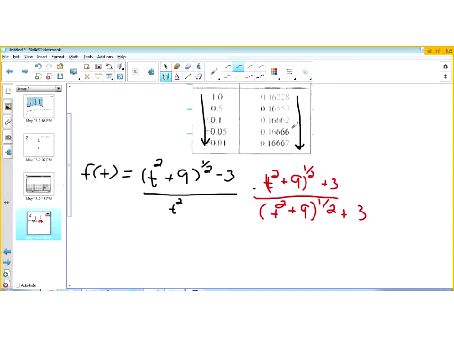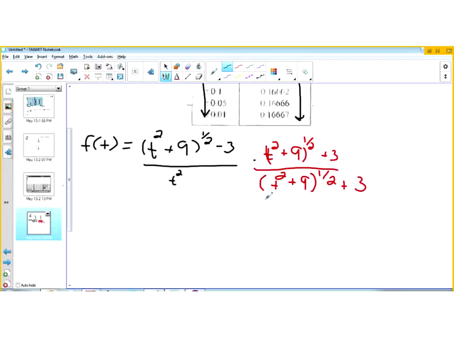All right? Now, what happens when we do this multiplication? What is the result? Well, the numerator is the product of two squares, right? So our f of t then would become t squared plus 9. I'm using FOIL now. Okay, I multiply the first two terms. The product of the first two terms would just simply be t squared plus 9 because 1/2 plus 1/2 is 1.